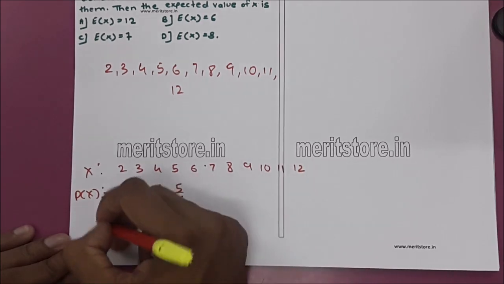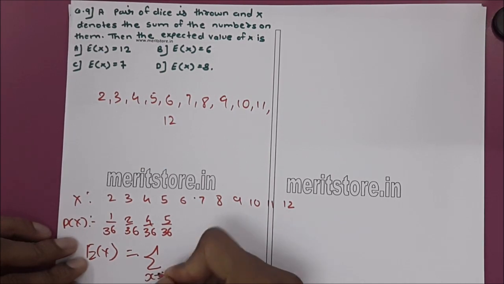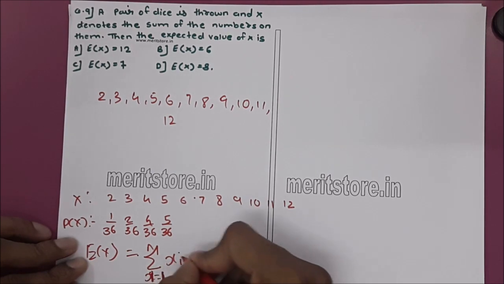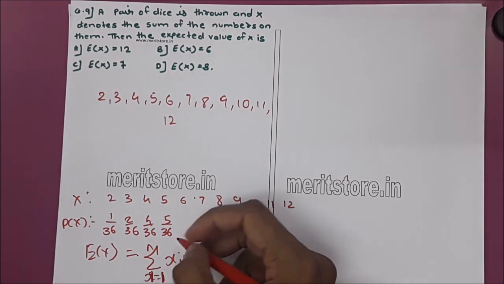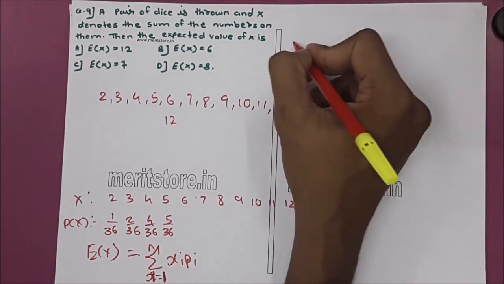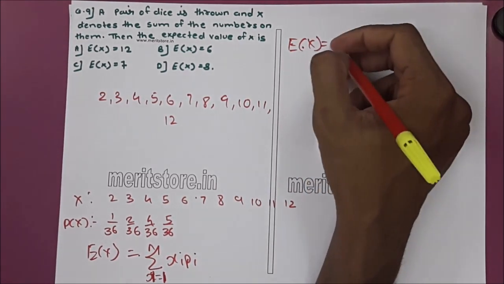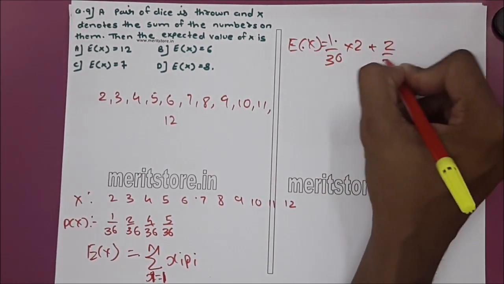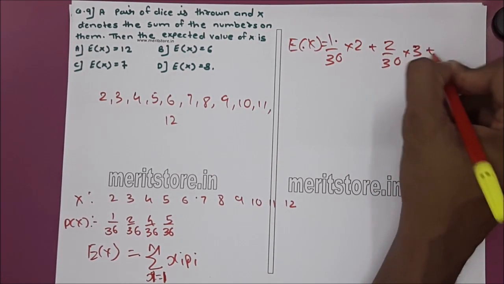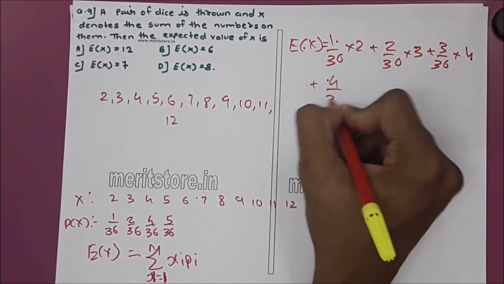For the expected value, the formula is E(x) equal to the summation from i equal to 1 to n of xi pi. So we multiply the x value and the probability value, and take the summation: 1 by 36 into 2 plus 2 by 36 into 3 plus 3 by 36 into 4 plus 4 by 36 into 5.